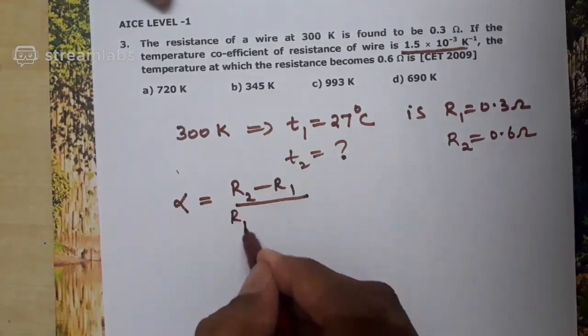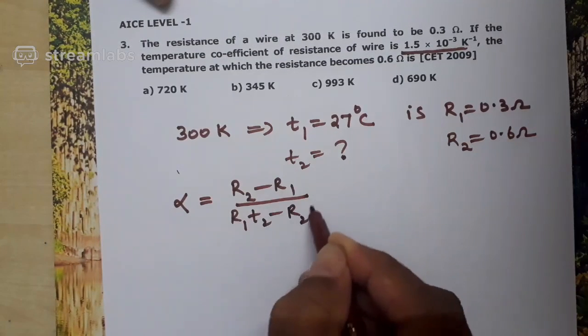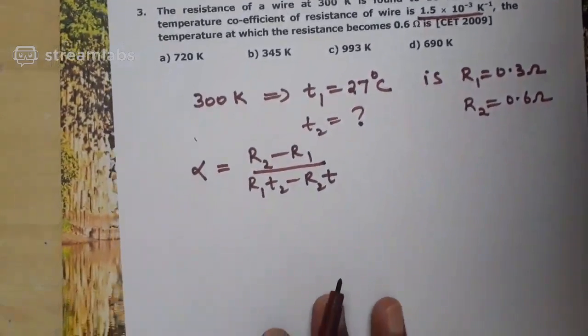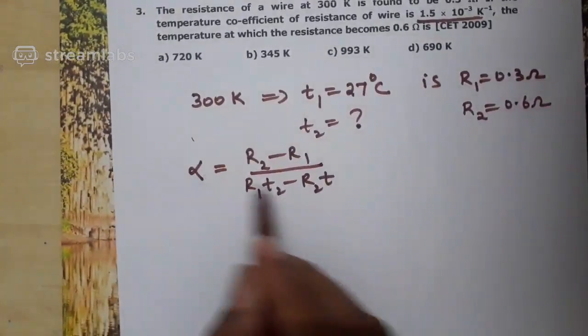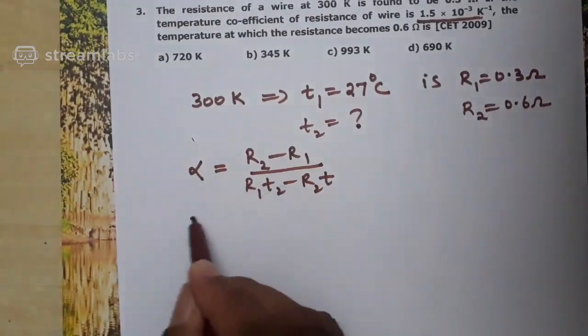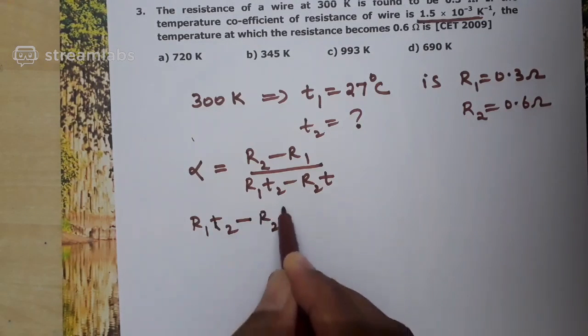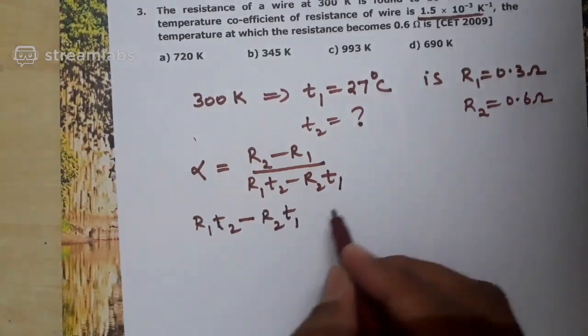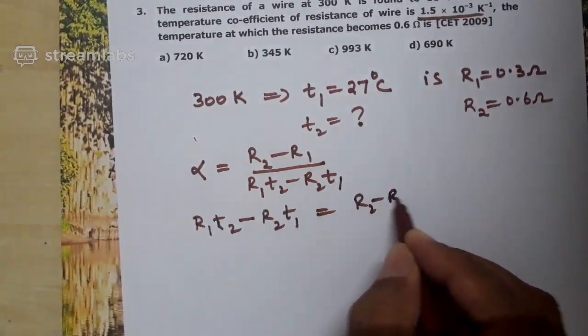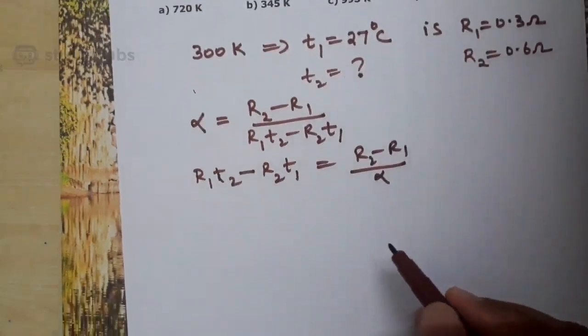Alpha is R2 minus R1 divided by R1 into T2 minus R2 into T1, correct? Or if I interchange alpha and the denominator, R1 into T2 minus R2 into T1 is equal to R2 minus R1 by alpha, correct?